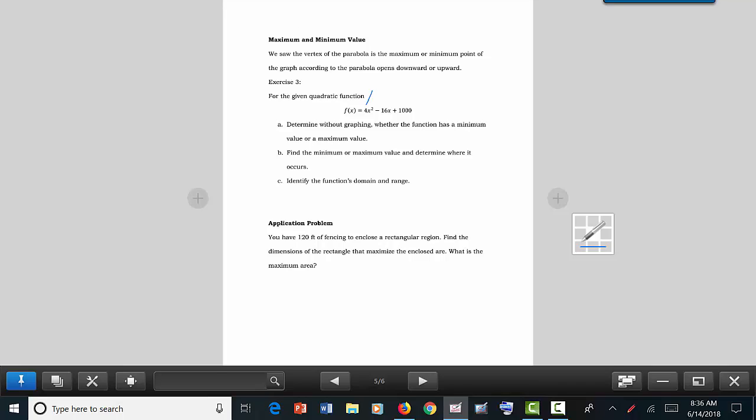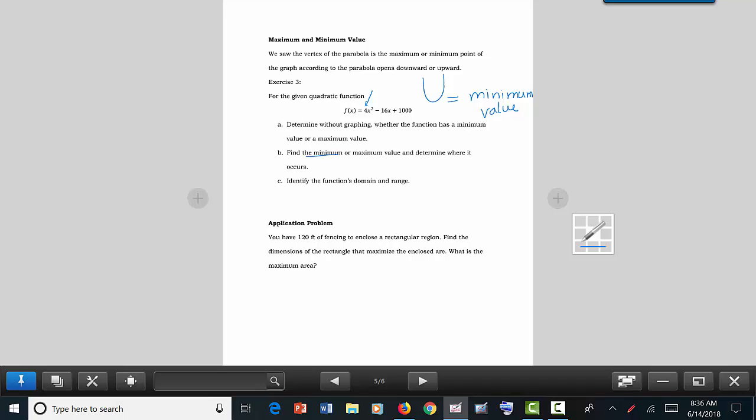Since it is positive, it is opening up, and if it is opening up, then we always talk about a minimum value. So for part B, we already decided it is a minimum. Let's find the minimum value, which always happens at the vertex.